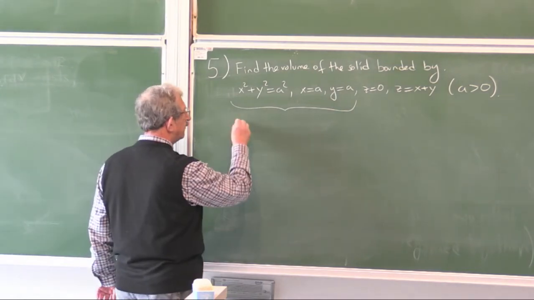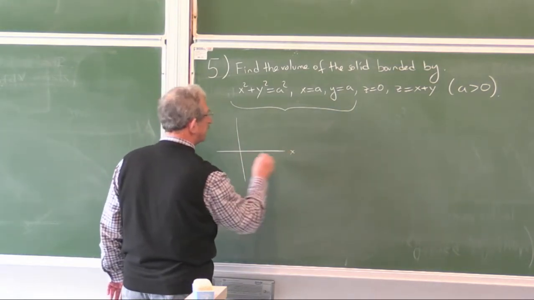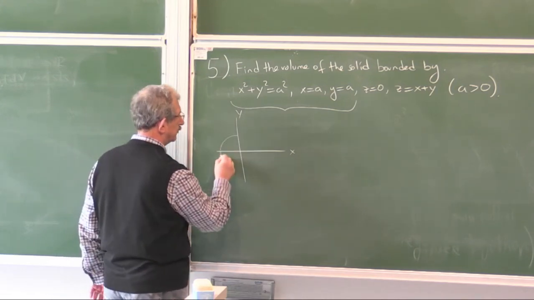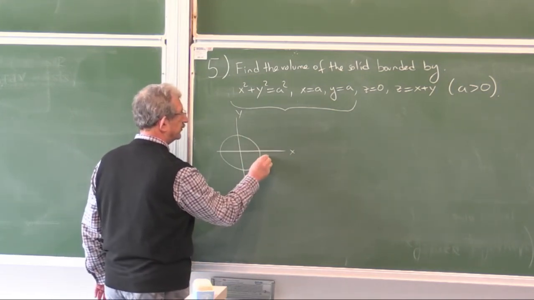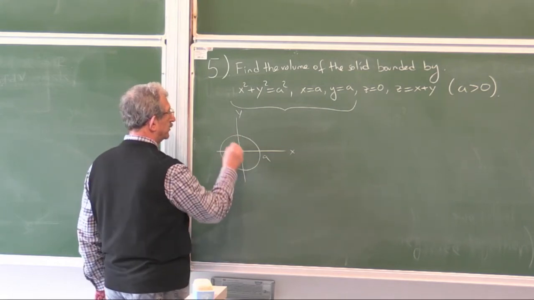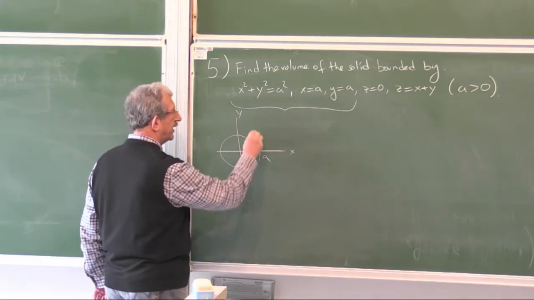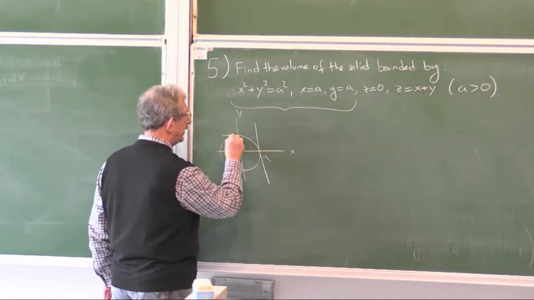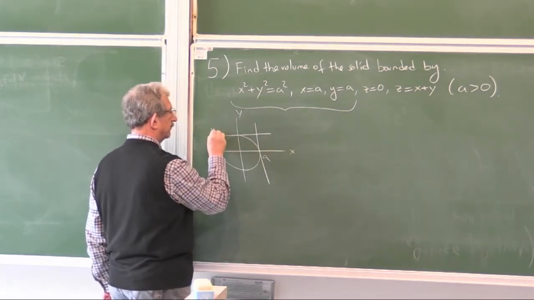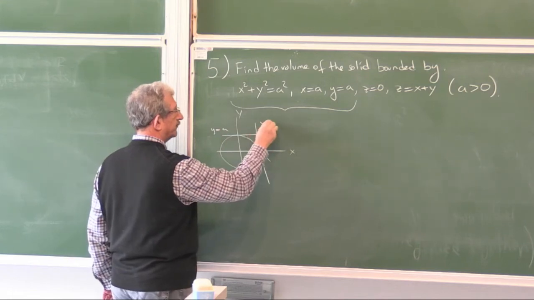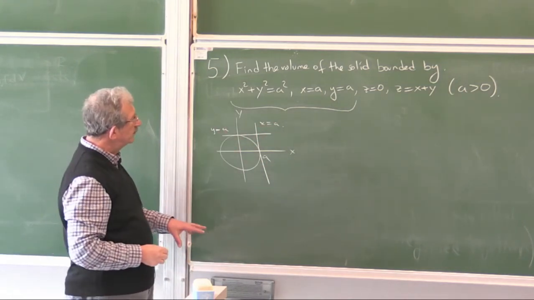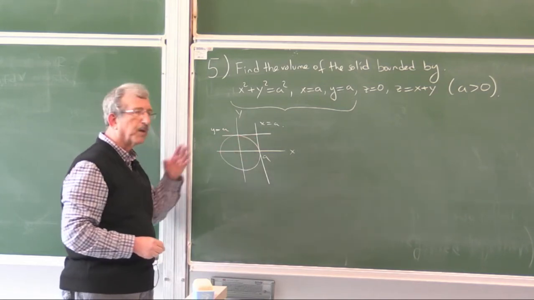So let us forget the z direction, just sketch them in the xy system. Obviously, this is a circle of radius a. So because it's radius a, x is a is here, and y is a is here. Now, when we look at all these pieces, we see actually two pieces bounded by them.